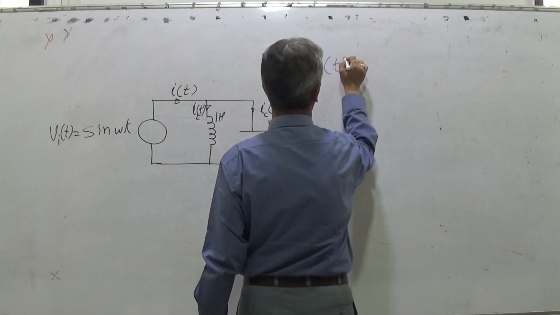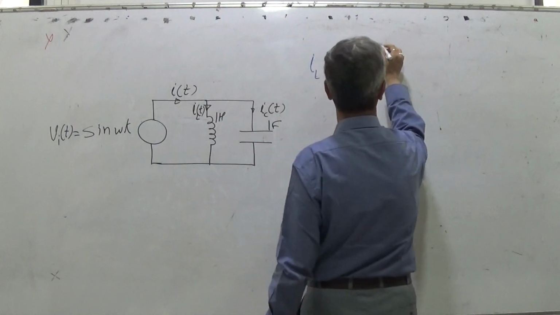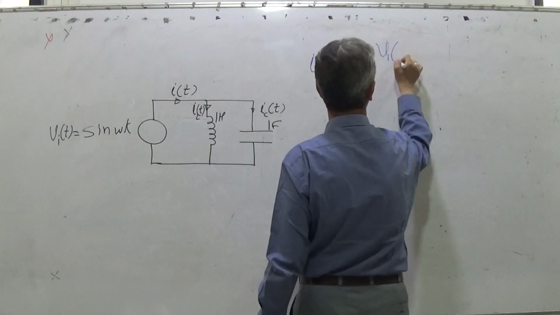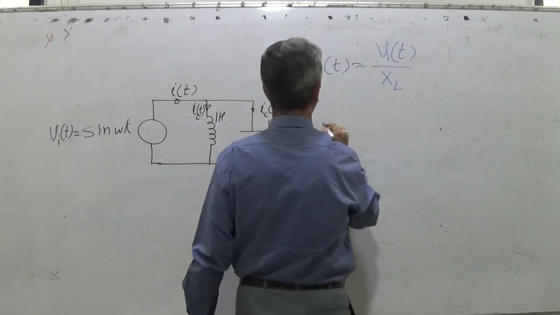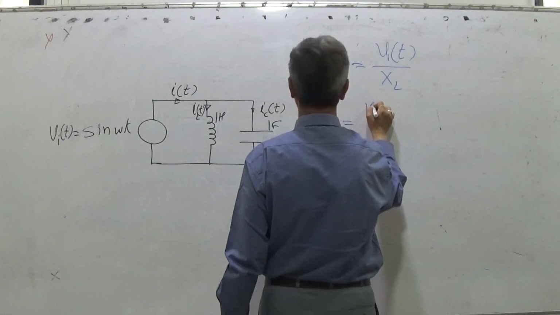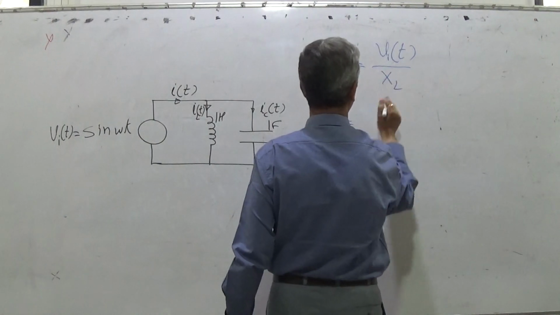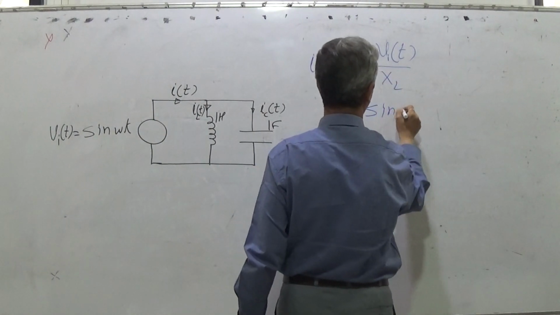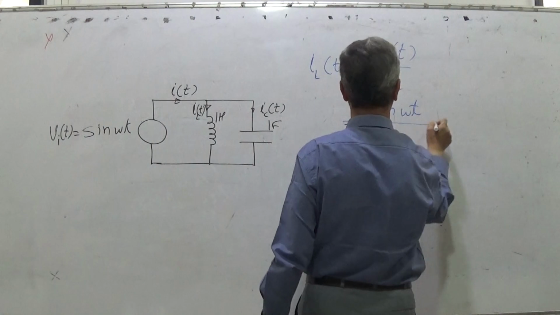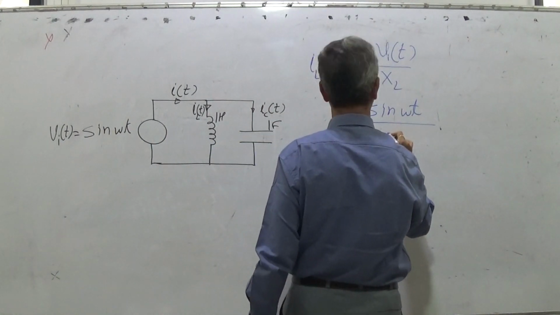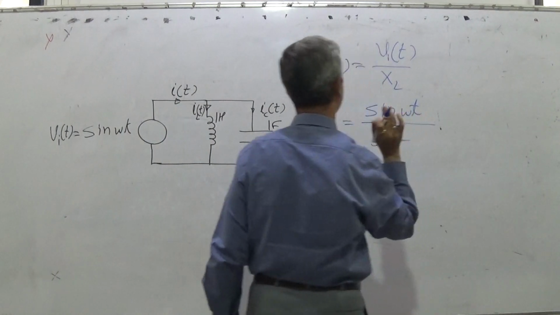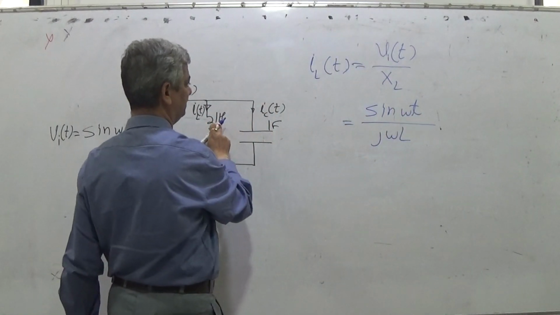ILT is equal to V in T upon XL, that is equal to sine omega T upon J omega L. L I have deliberately taken as 1 Henry.